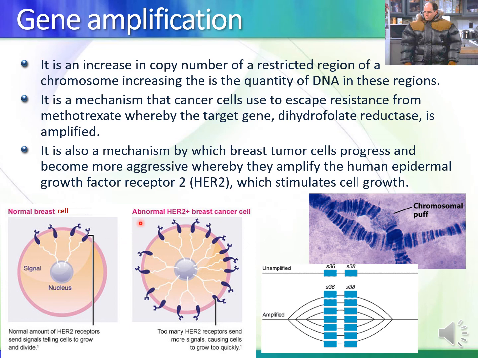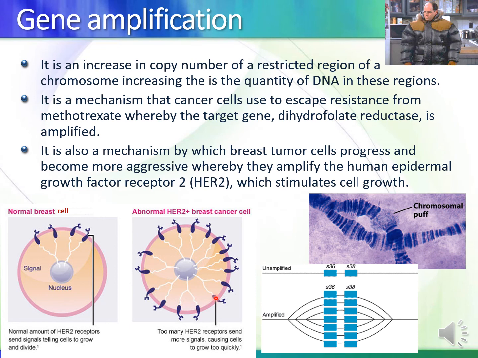Now, what cancer cells do is that they amplify the HER2 gene, producing a lot of HER2. And what happens is that now these cells become very sensitive to even minute, small amounts of the growth factor HER2, and this growth factor stimulates cells to grow and proliferate.